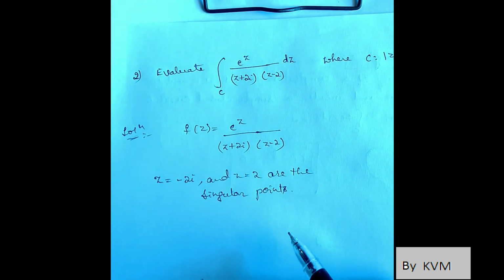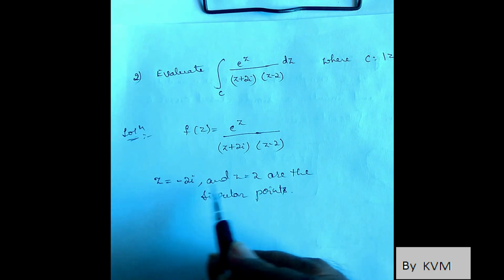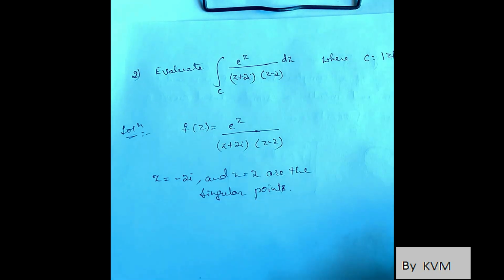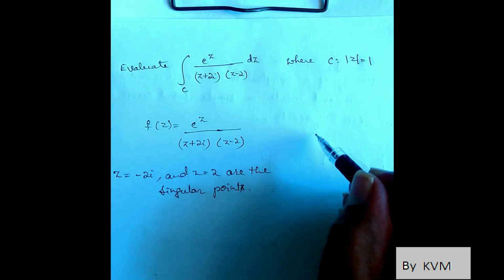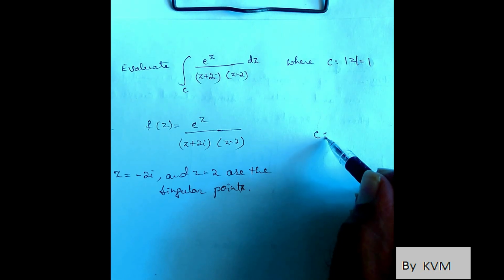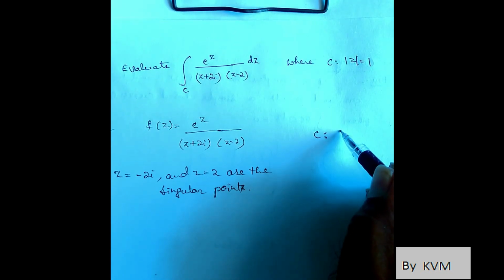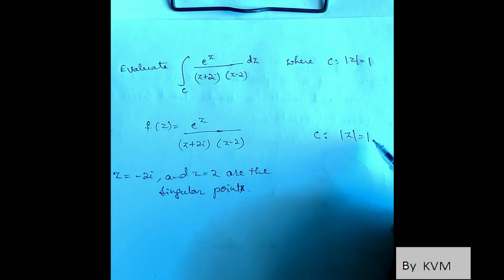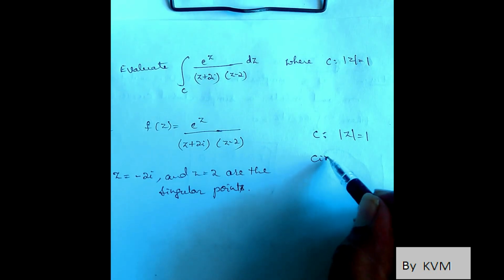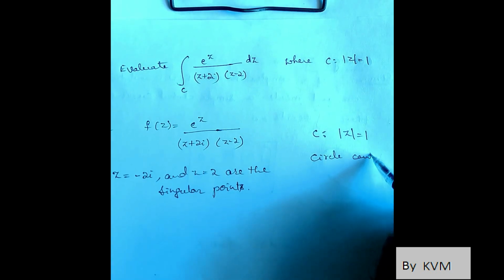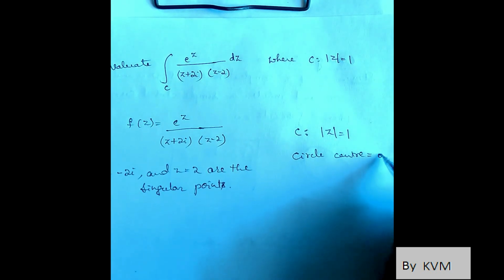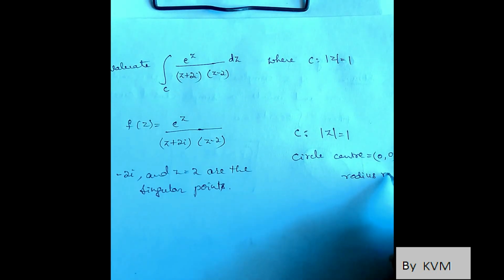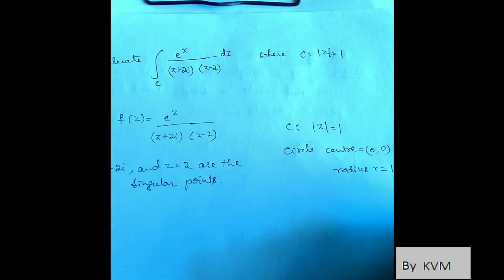So now we have to check whether these two singular points lie inside the curve or outside this curve. What is the curve given here? It is a circle, that is, the curve C is the circle mod z equals 1. So mod z equals 1 represents a circle with center 0, 0 and radius r equal to 1.